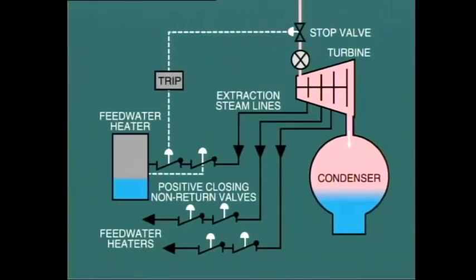All of the protection devices in the world would be of no use whatsoever if the stop valve failed to close when commanded. For a similar reason, the positive closing non-return valves on the extraction lines are also exercised daily or at some other regular interval.